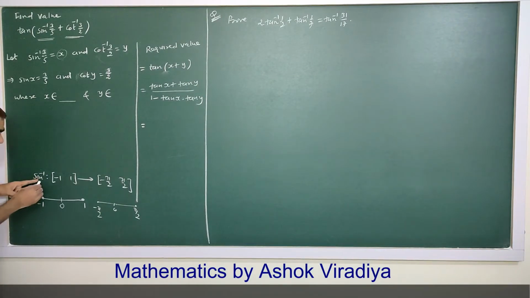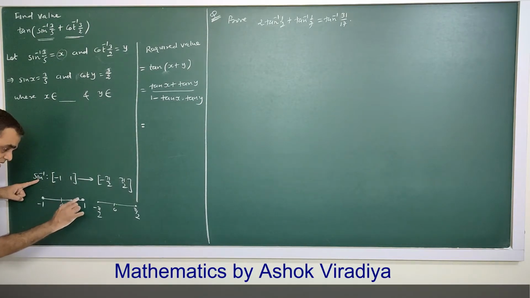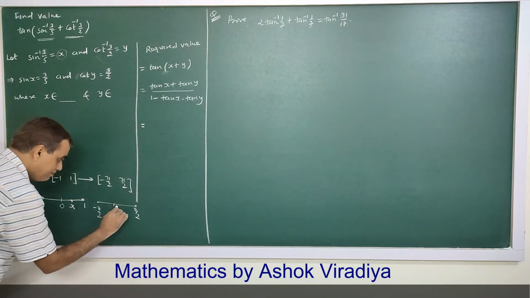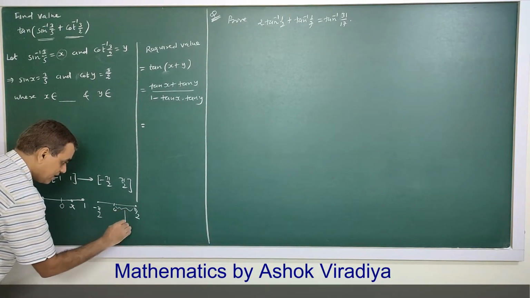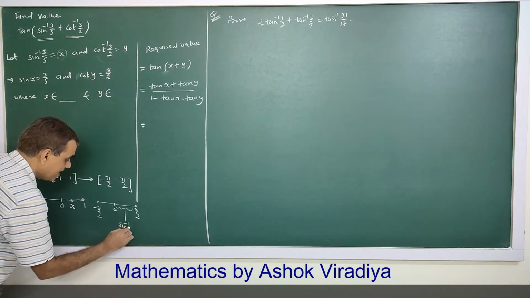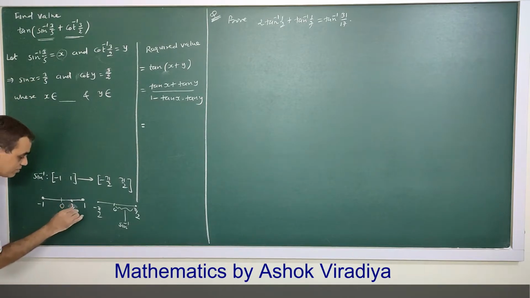So when sine inverse works on a positive number, if x is in this interval, then the output will be in this interval. Say 3 by 5, which is positive.